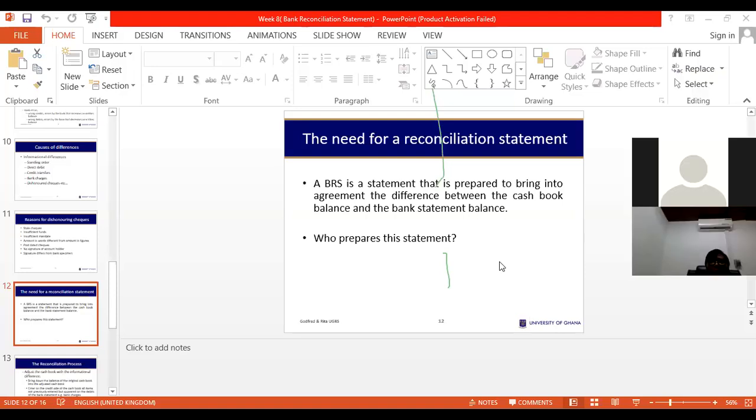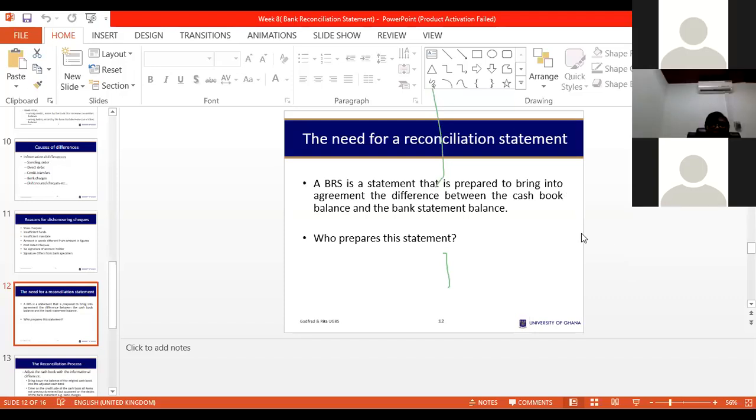Good. Lowell, yes. Madam, it helps prevent the overstatement or understatement of the cash at the bank.